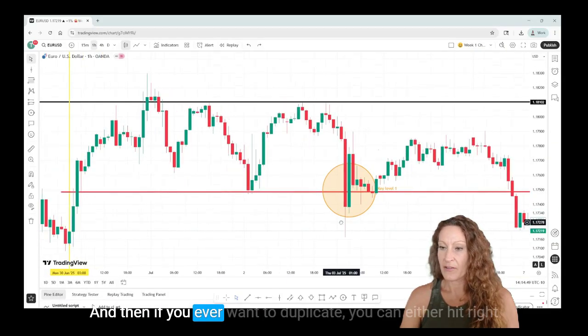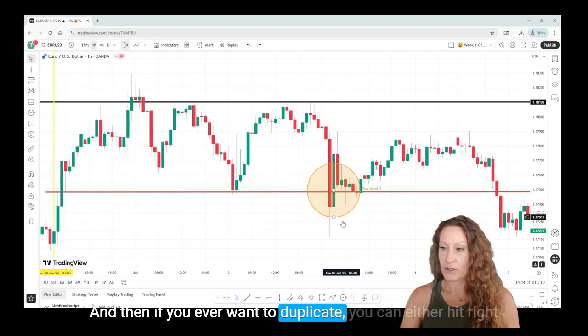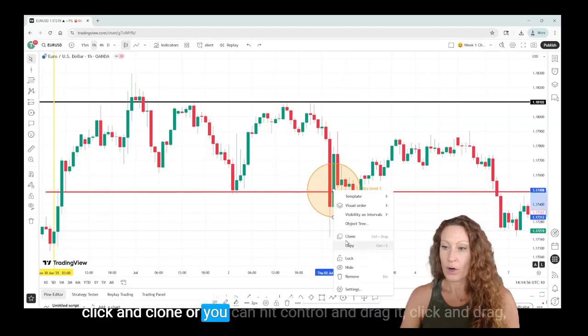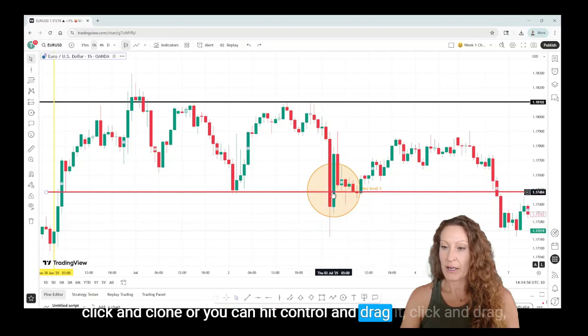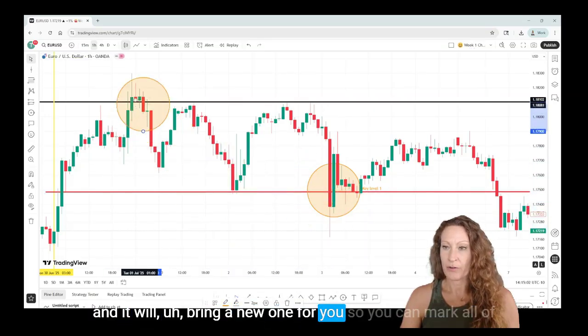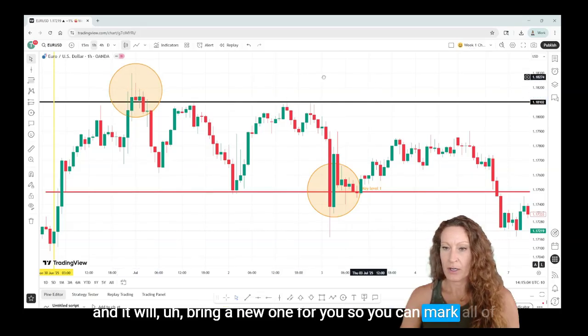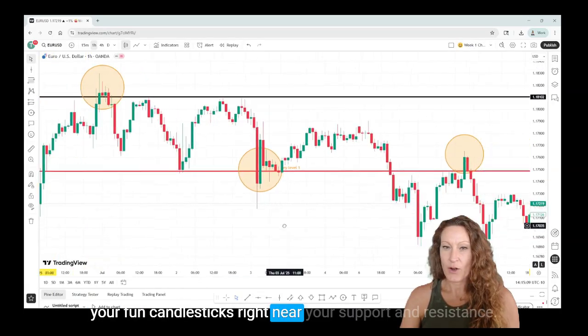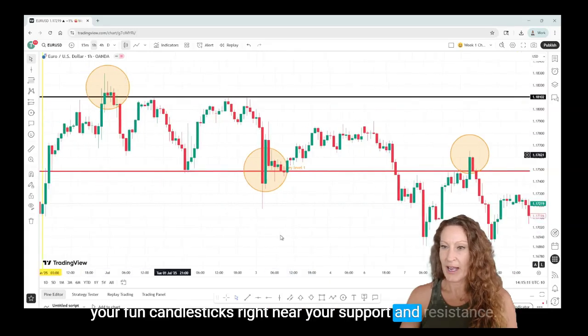And then if you ever want to duplicate, you can either hit right click and clone, or you can hit control and drag it, click and drag, and it will bring a new one for you. So you can mark all of your fun candlesticks right near your support and resistance.